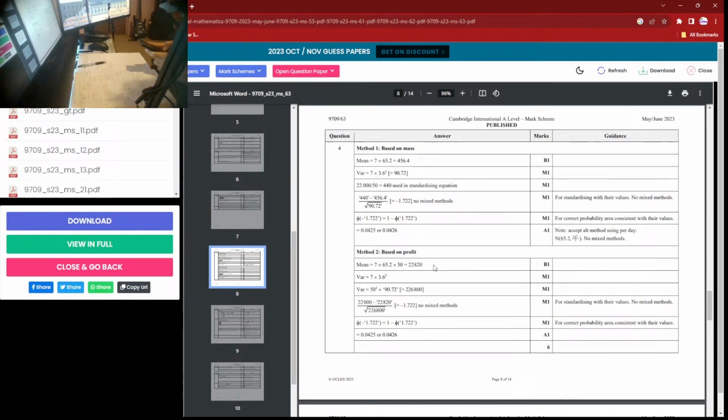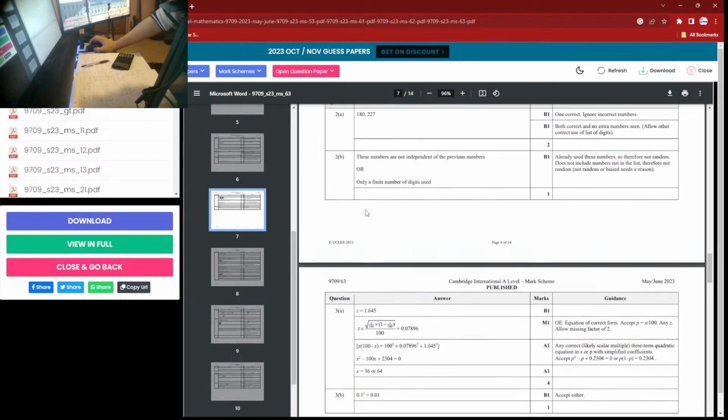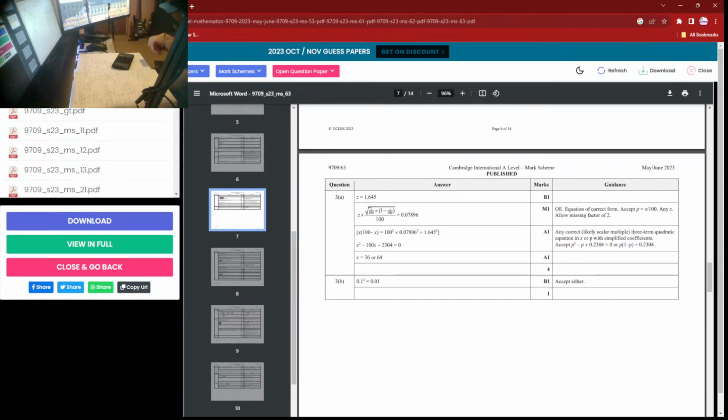4, 5, what? Oh, is the standard deviation so large? Variance 50 squared. 50 times... Oh. Should be... Oh, I did it wrong. 0.1 squared.